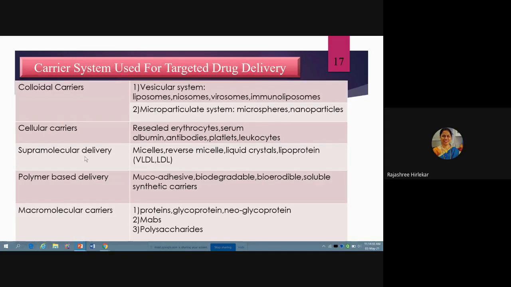These can be used. Then polymer based delivery systems like mucoadhesives, biodegradable, bioerodible, and soluble synthetic carriers can also be used. Then macromolecular carriers like proteins, glycoproteins, neoglycoproteins, monoclonal antibodies, and polysaccharides can also be used as carriers.